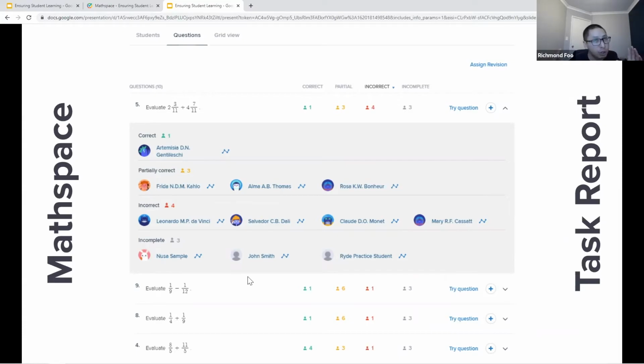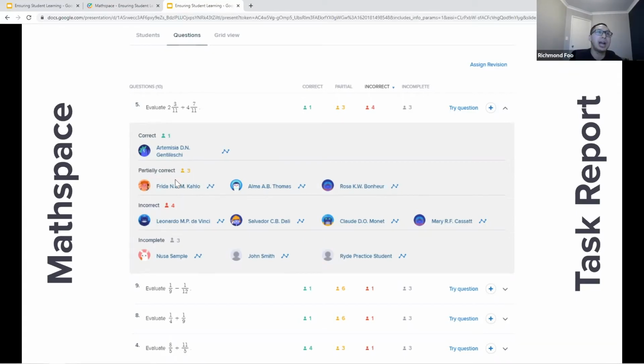And by the way, I'm only showing you one or two examples, but there is so much data in MathSpace that you really could have 4 or 5 examples in here. So in this particular one, there's been a fraction task that's been set, and you can see exactly which students are getting it partially correct or incorrect.